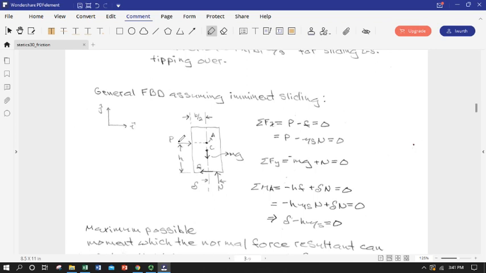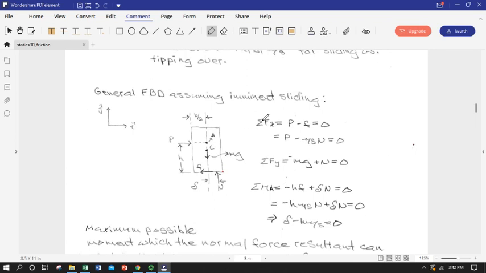It's at distance h up from my rigid sliding surface, and A is at b over 2, the box is width b. I've got a frictional force opposing that P, and I've got a normal force resultant acting at some delta somewhere between the center of the box, the line going through the center of mass, and this bottom corner.